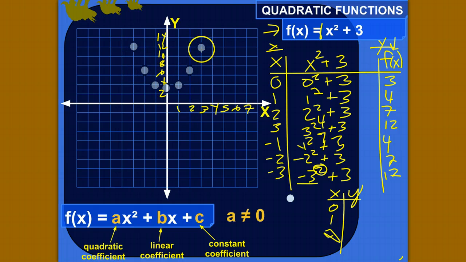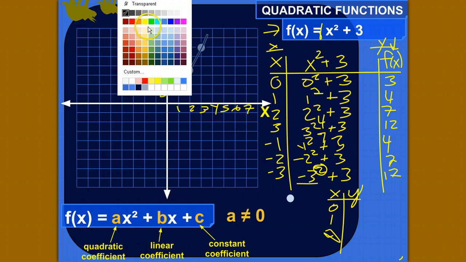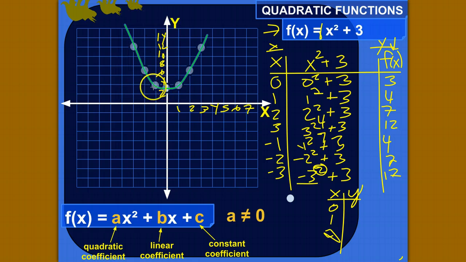Something like, I don't know, start up here, connect down through. It's not going to be exactly perfect, but this should have a steeper curvature there, but that gives you the basic idea. The parabola should be a little more symmetrical like this.